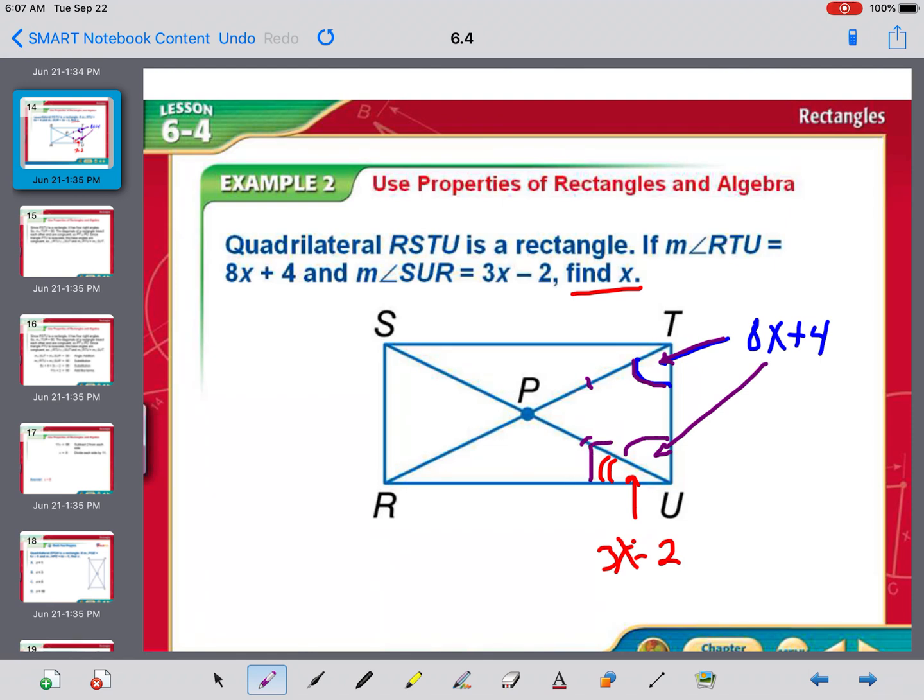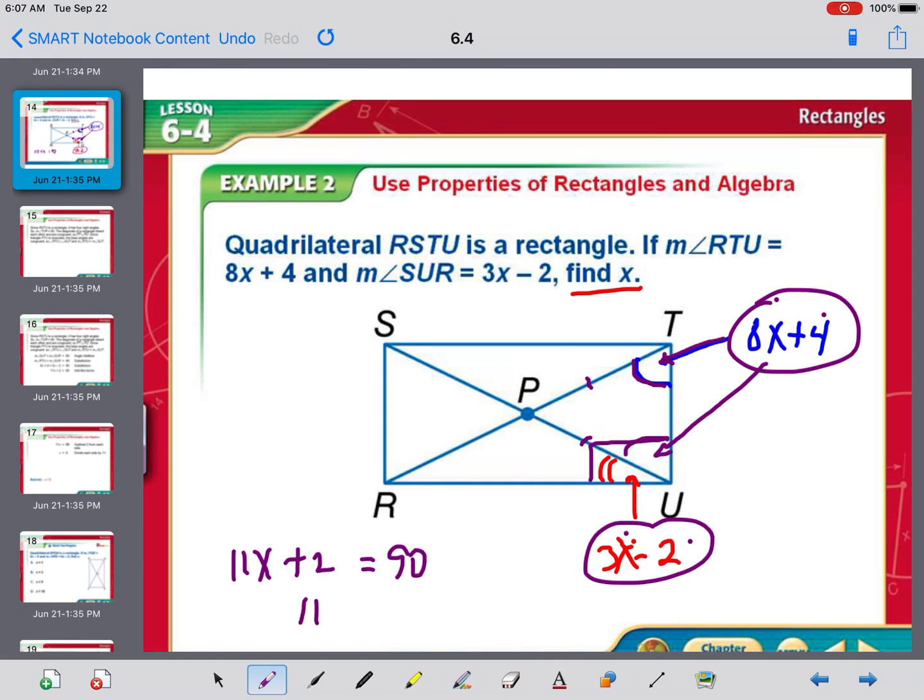And perhaps at that point you see it, because this angle is 90, the whole thing. So our two algebraic expressions have to add to 90. So that would be 11x if you put the 3x and the 8x together, and plus 2 if you put the minus 2 and the plus 4 together.